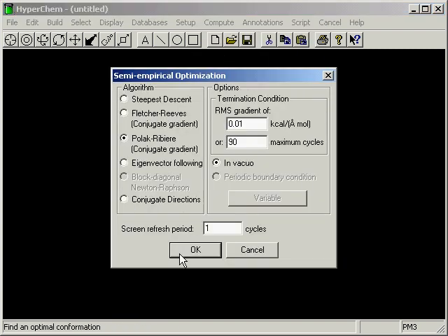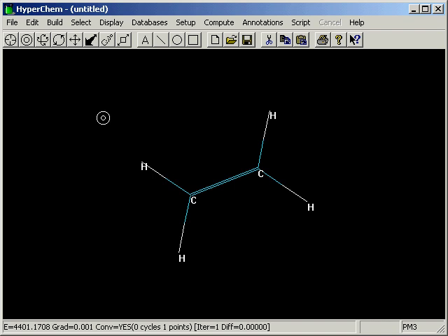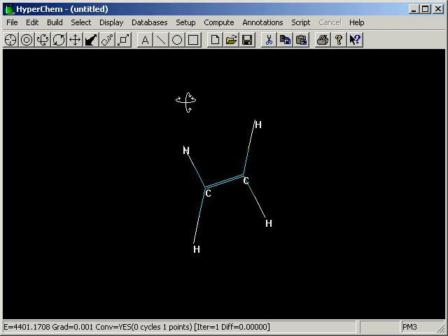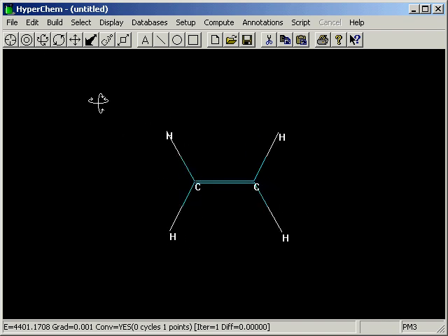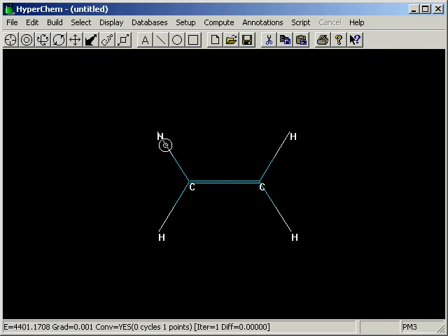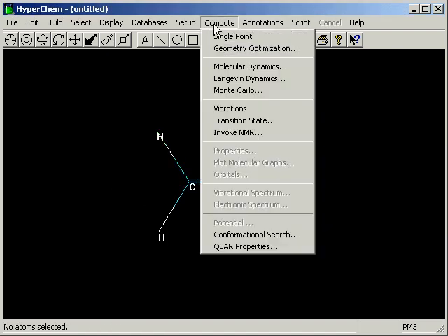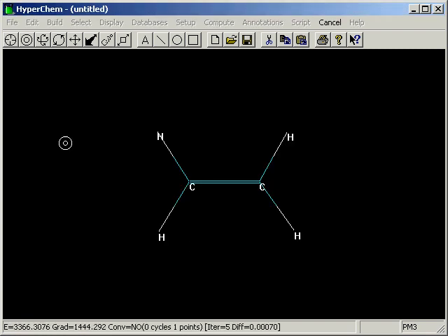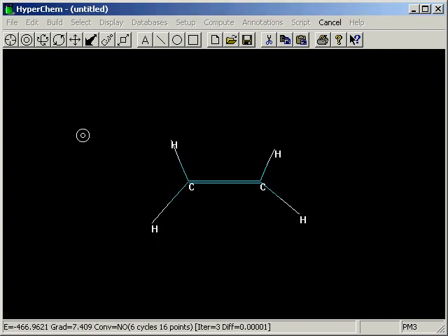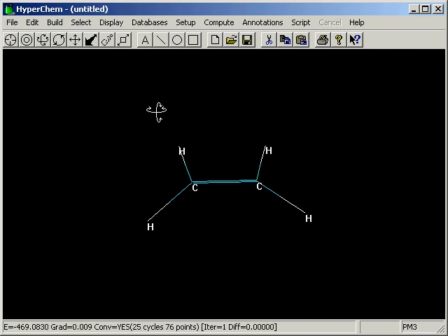Why doesn't this go here? Is it because I got 180 degrees here? Let me twist this some 170 just to get started here, and then start the optimization. I guess because it's planar again, there's no forces out of the plane, and so now we get the result that we want.